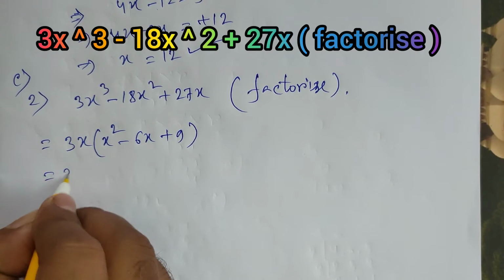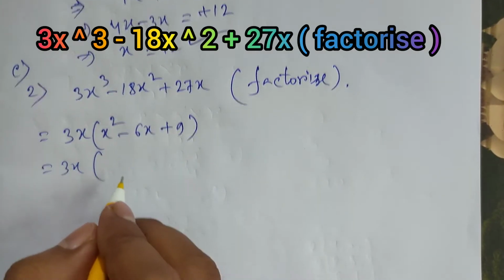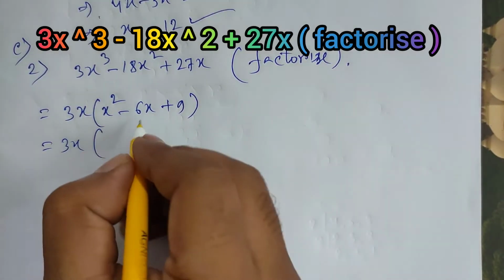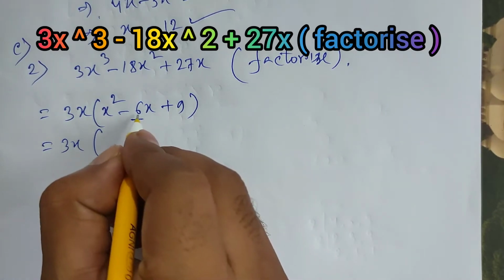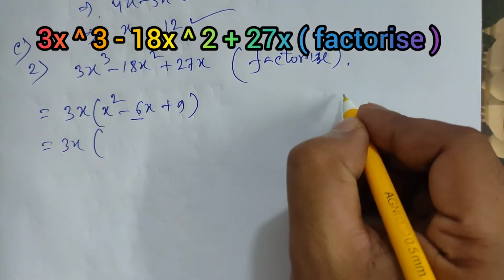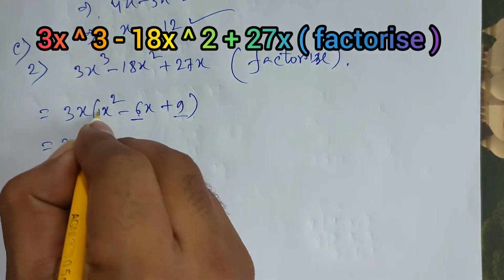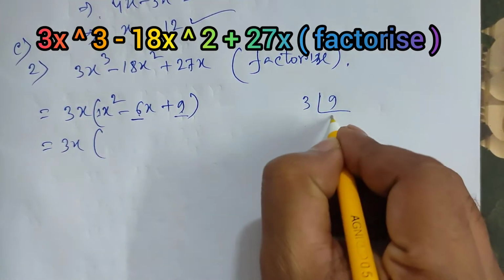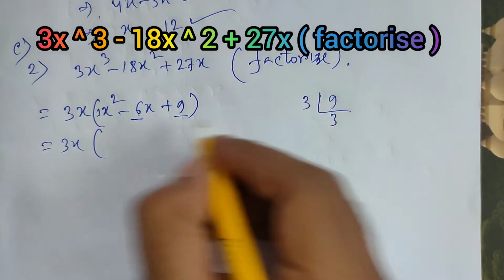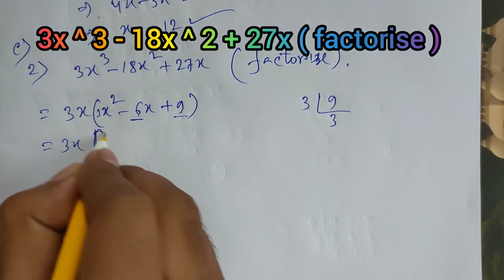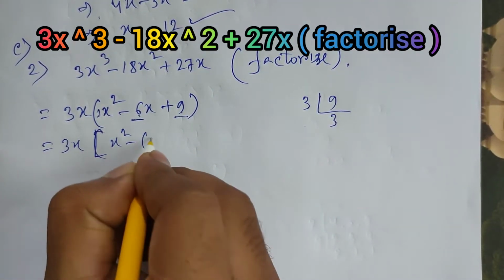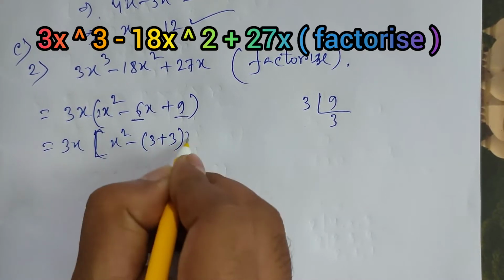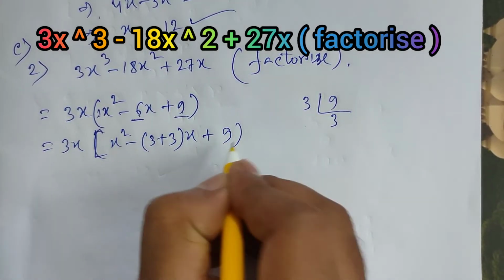Now then 3x, and just follow x square, it's a middle term, we need here 6. So 9 is here, 1 multiply 9, that means 9. So 3 3s are 9. If we add 3 plus 3, that means 6. So x square minus 3 plus 3 into x plus 9.